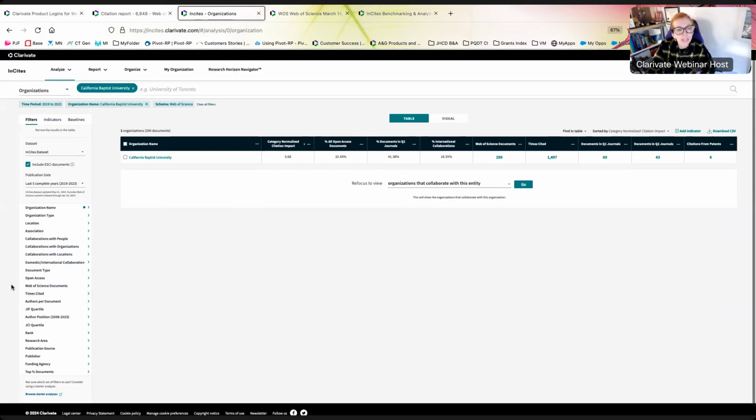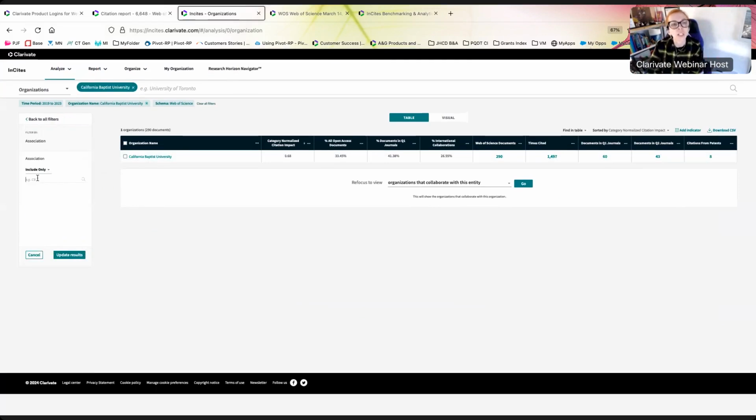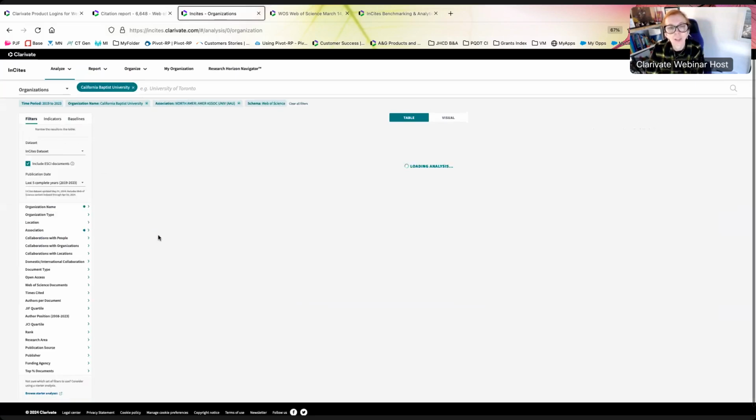If you wanted to compare yourself with the other AAU members so that you can measure where you rank against them, either across the board across all fields or within a particular field, all you have to do is select association. And then if I type here, there you go, North American, AAU right there. I can just add the results.